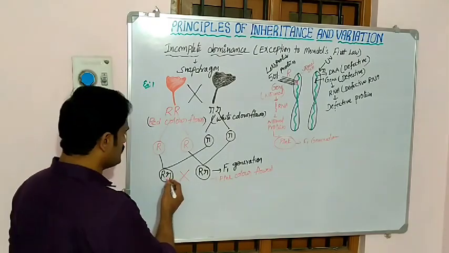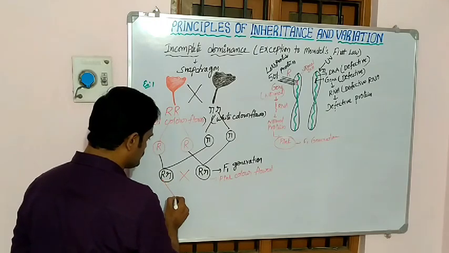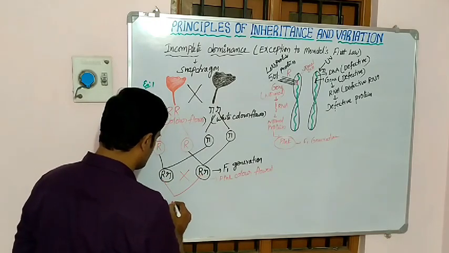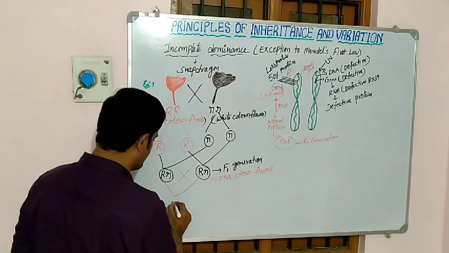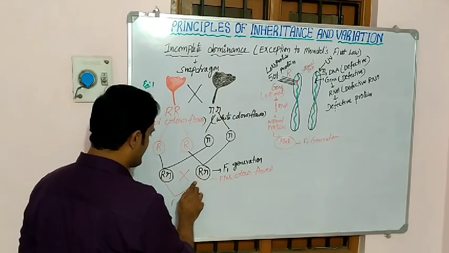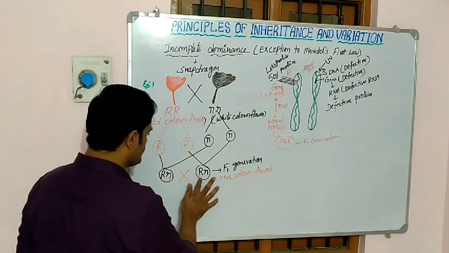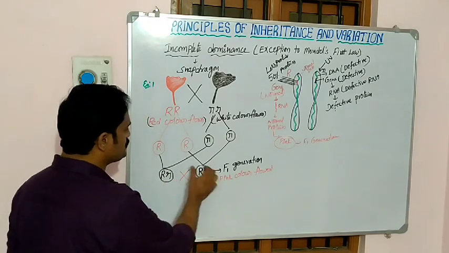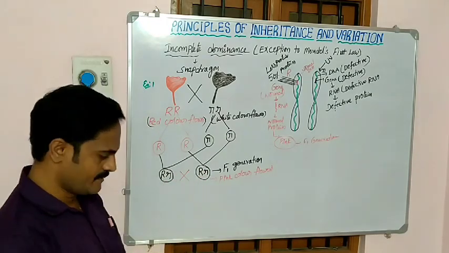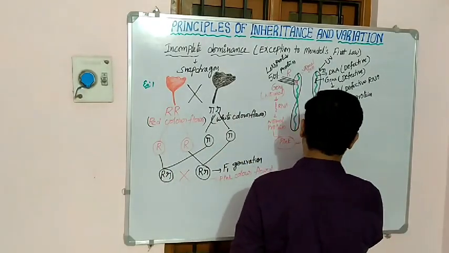See, already you know very well. First we are going to take gametes in the Punnett square. That is very important. So these two plants are used in the Punnett square. Now I will draw the Punnett square.